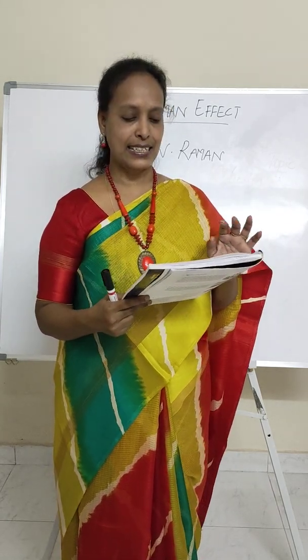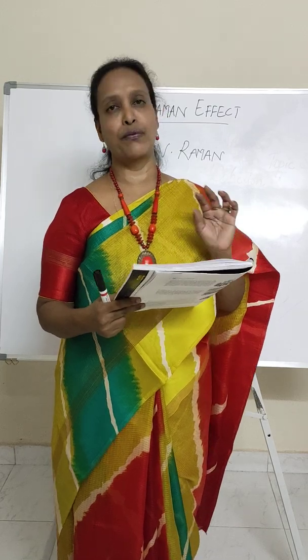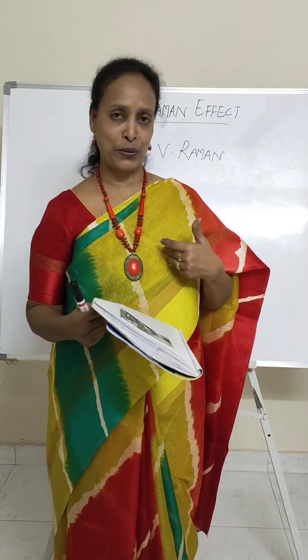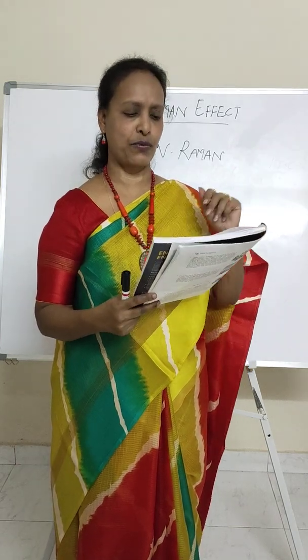And then the next line says, till that time it was generally accepted that the blue color of the sea was actually a reflection of the sky. Isn't it? You know that and even I know that. We think that the color of the sea is blue because it's the reflection of the sky in it.